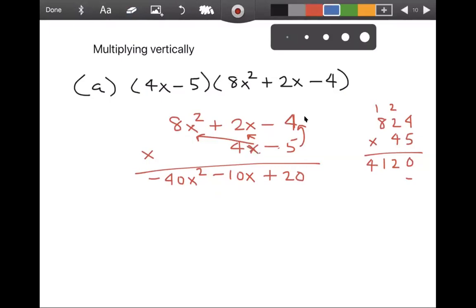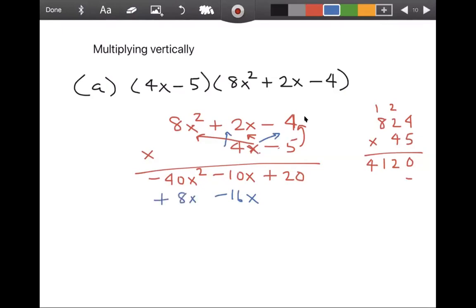Okay, want blue pen. 4x times minus 4 is minus 16x. 4x times 2x is 8x squared. See, by skipping that space on the right side, my like terms are lining up. 4x times 8x squared is 32x cubed.